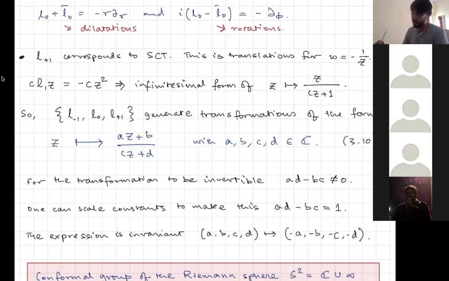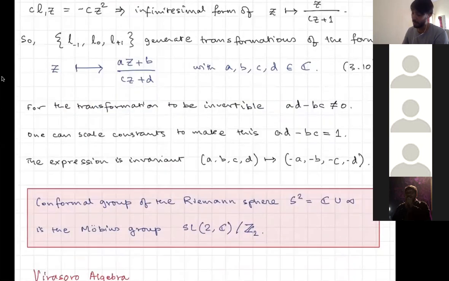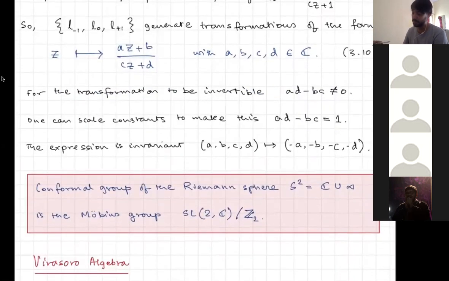And we also note that if we take a to minus a, b to minus b, c to minus c, and d to minus d, this particular transformation stays the same. So there is a Z2 factor here. So the upshot of this whole business is that the conformal group on the Riemann sphere is this group SL(2,C) modded out by Z2.